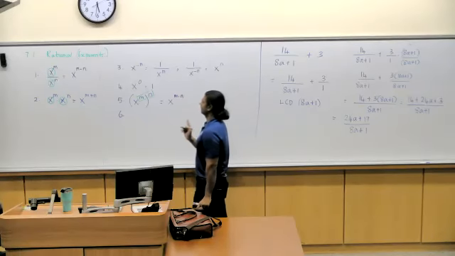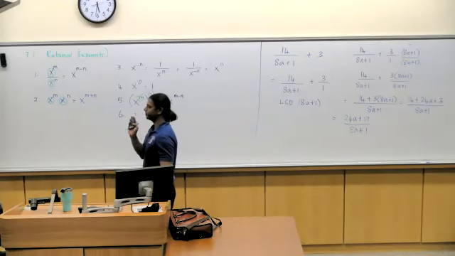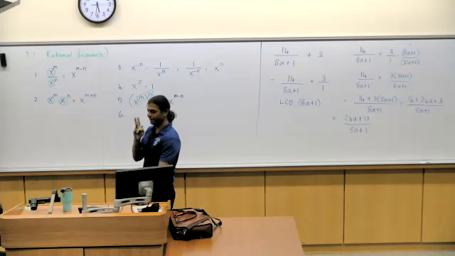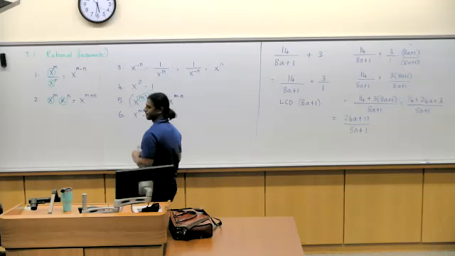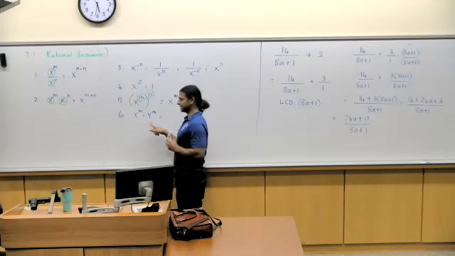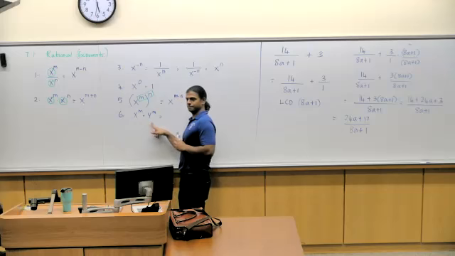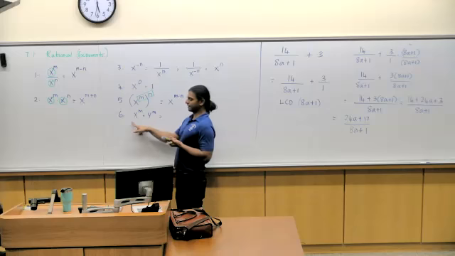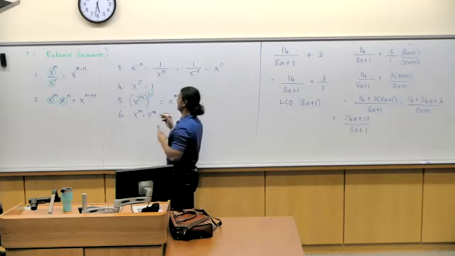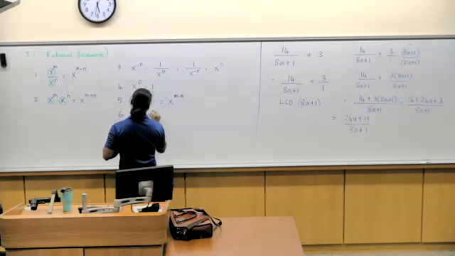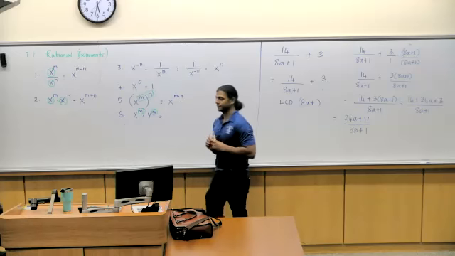Now, what if we had different bases? Suppose you have x raised n times y raised n. Are the bases the same? One is x, the other is y. However, the exponents or the powers, they are the same.